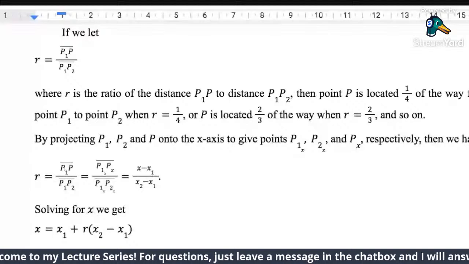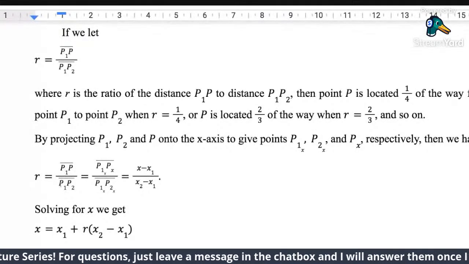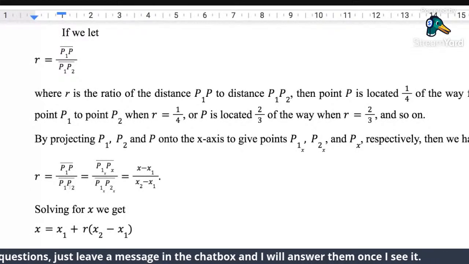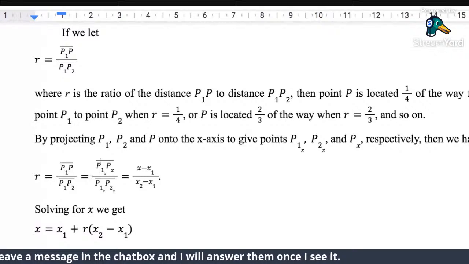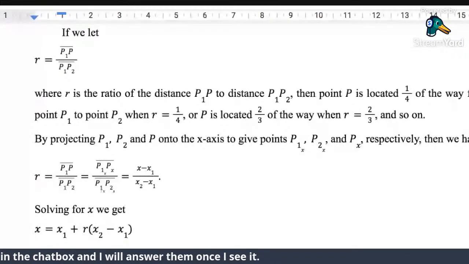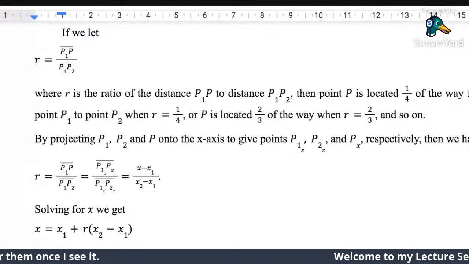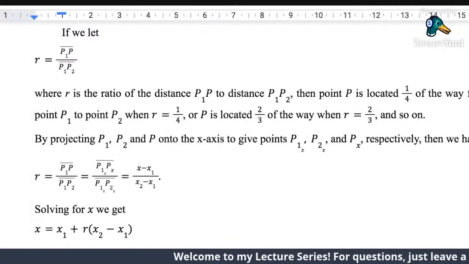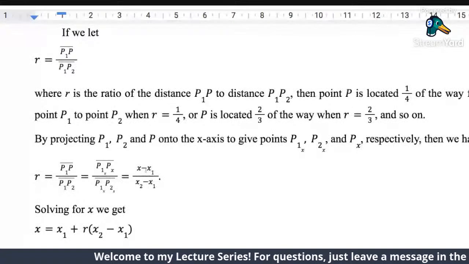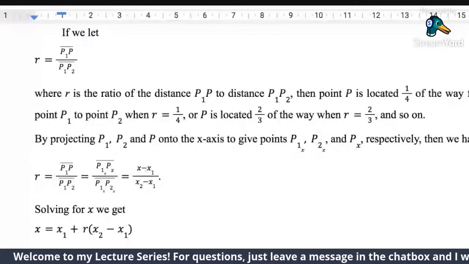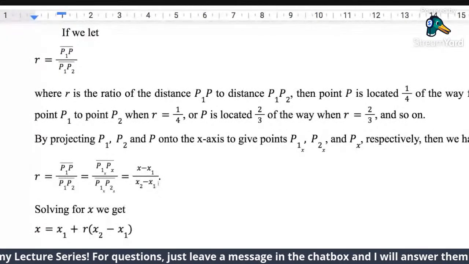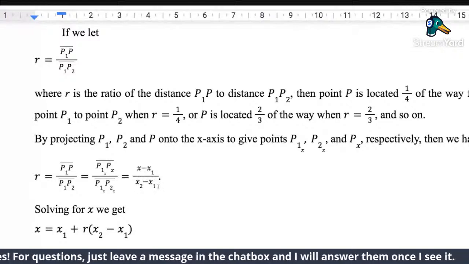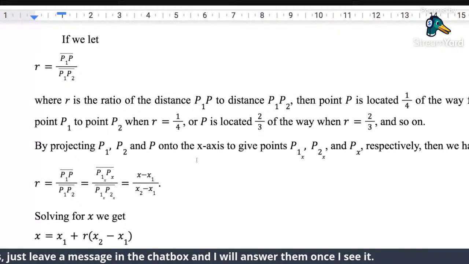Okay, R is equal to P sub 1 P over P sub 1 P sub 2, which is equal to the ratio of P sub 1 sub x P sub x, and P sub 1 sub x P sub 2 sub x. Or in other words, this is just equal to x minus x sub 1 over x sub 2 minus x sub 1. So where do we get our x sub 1 and x sub 2 here?